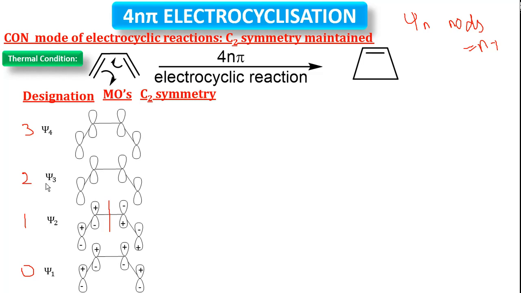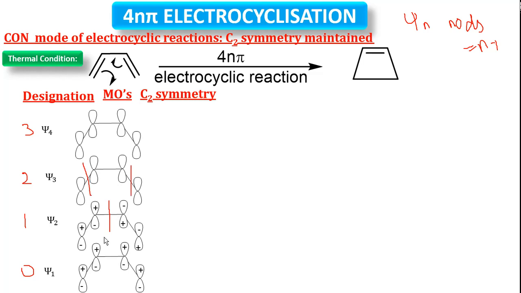Psi3, nodes are 2. When an odd number of nodes is present, one node comes at the middle. When there is an even number of nodes, a node should not come at the middle of the orbital, so the two nodes come at these places.